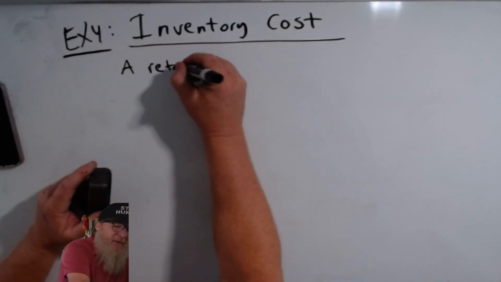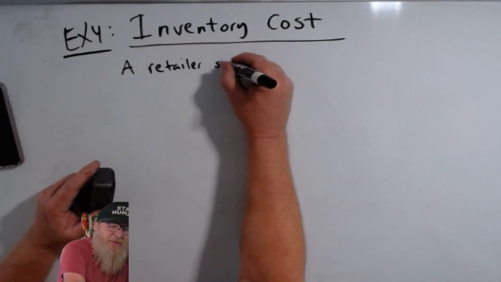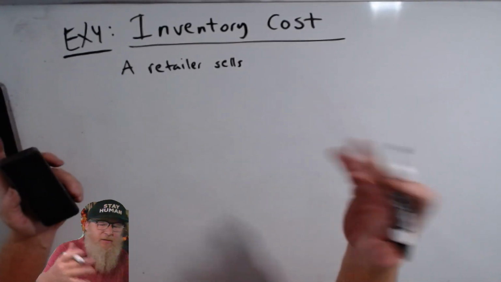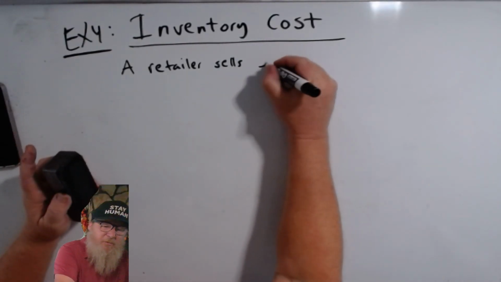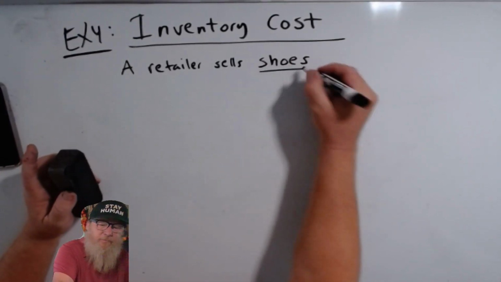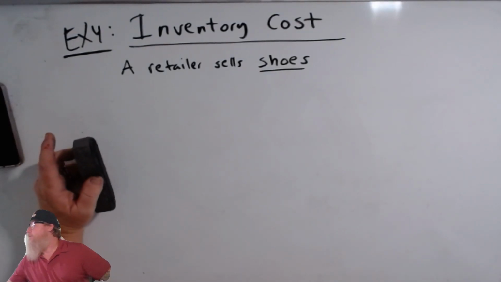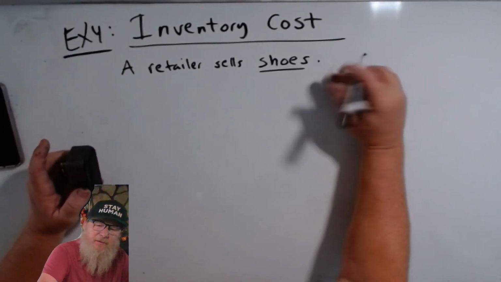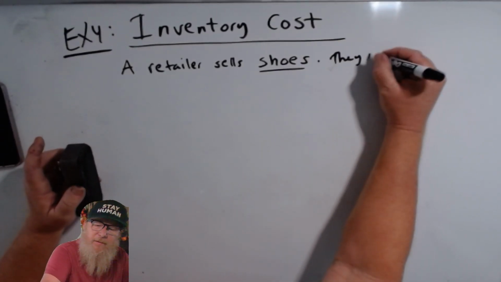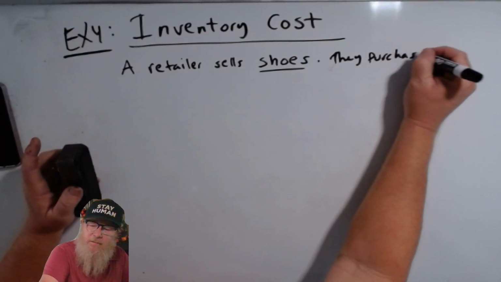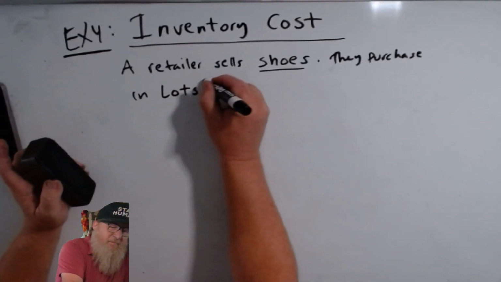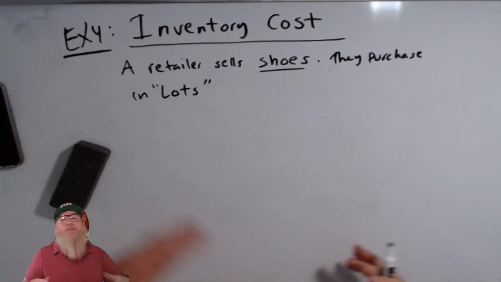So a retailer sells, I don't know, what do you want to sell? Shoes. All right. They purchase the shoes in lots. All right, lots. It's a big lot.